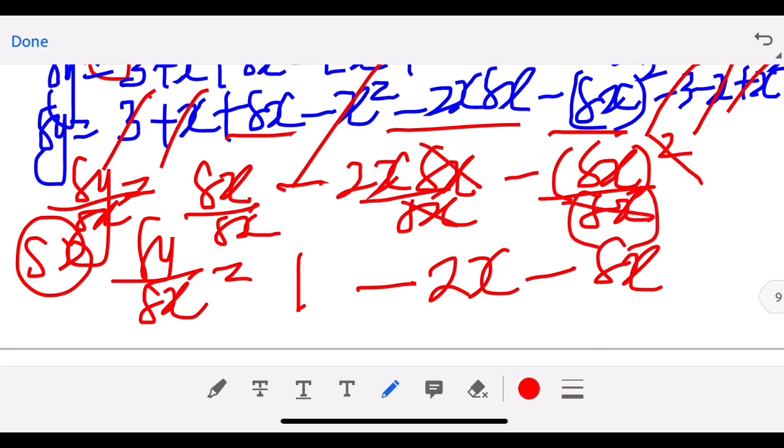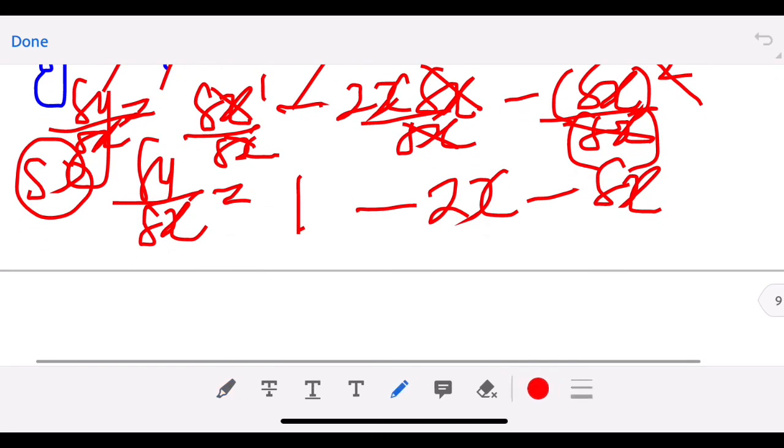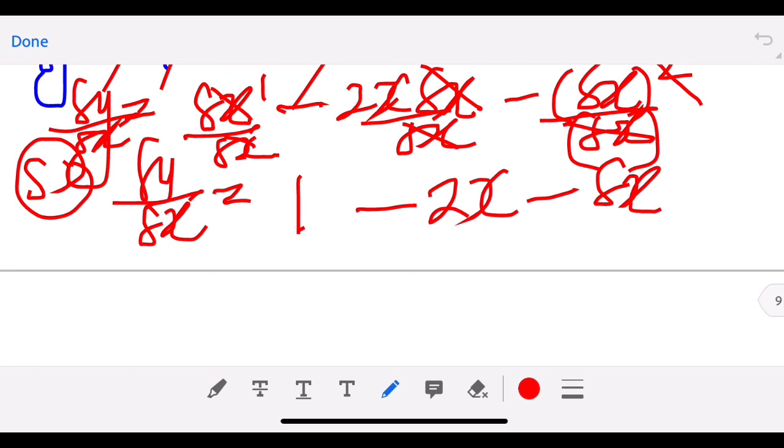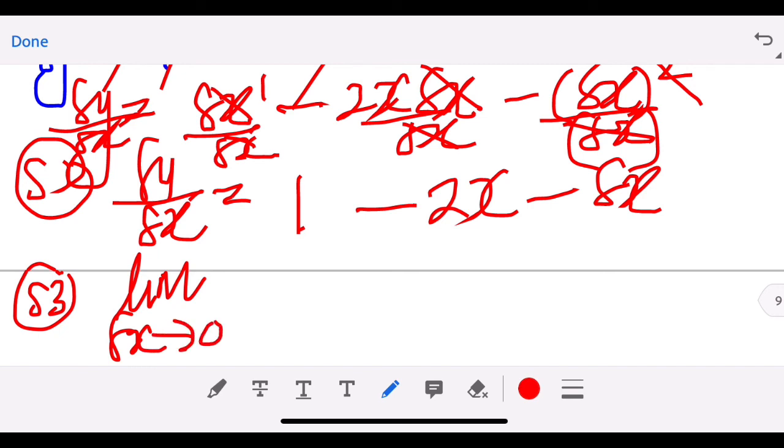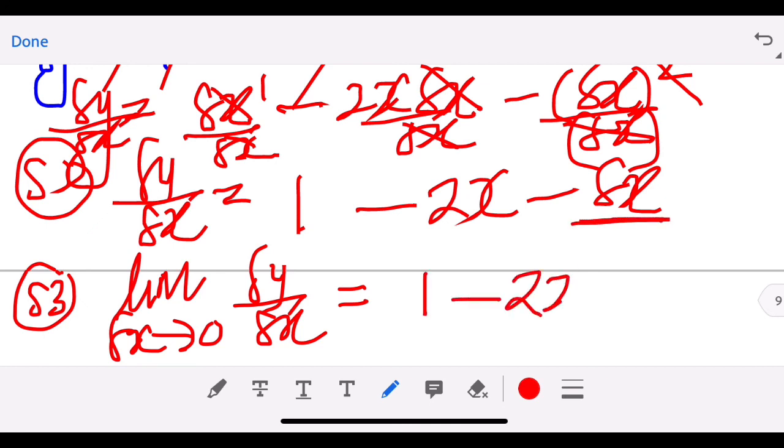This one you can cancel. This is 1, right? Okay, finally we will reach step 3, whereby we have to apply the limit when delta x approaches 0 for delta y over delta x. So you will get this thing 0, right? Finally you will get 1 minus 2x.